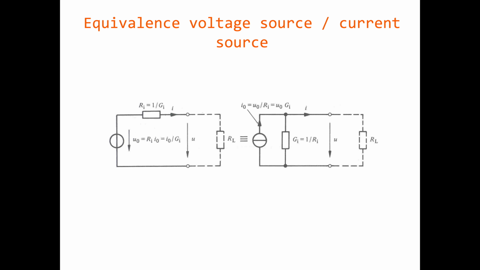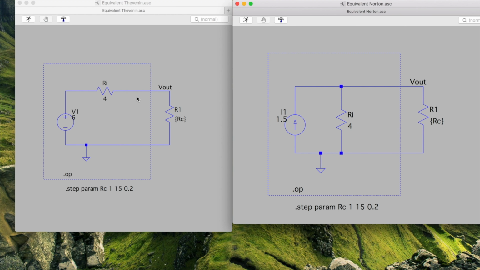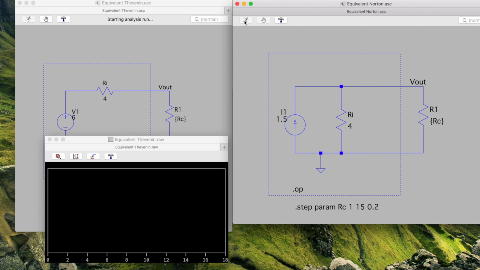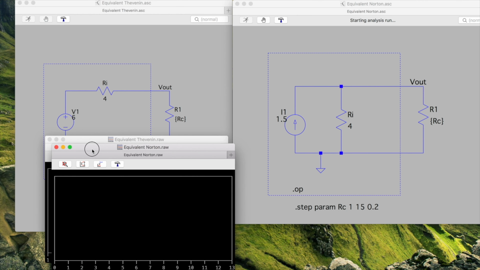The resistances are the same, simply the series Ry becomes parallel. So both Ry are the same. The Norton current is also the Thevenin voltage divided by the internal resistance. So we have 6 divided by 4 and the result is 1.5. Of course, if I run the simulation of these two equivalent dipoles, we will obtain the same measurement.